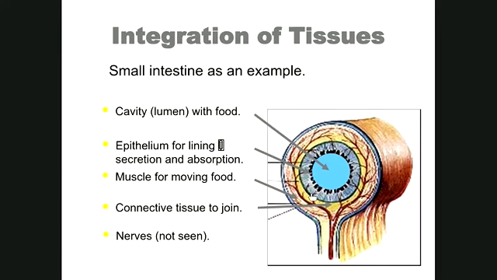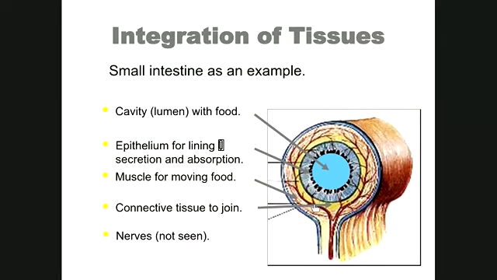After that, you have some layers of muscles which can contract, and by their contraction, the food can pass through the lumen. Between the epithelial tissue and the muscle, you have connective tissue. The connective tissue can join these different parts together.